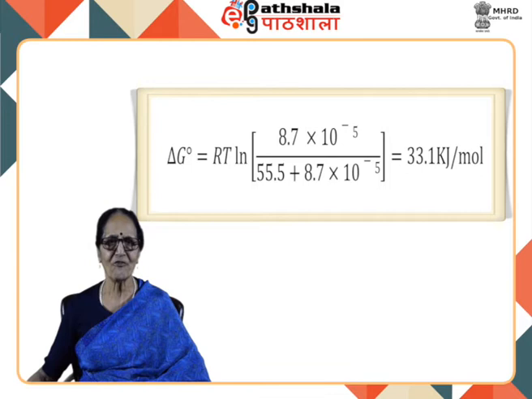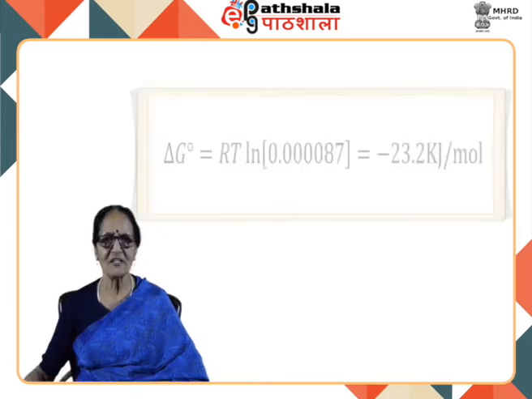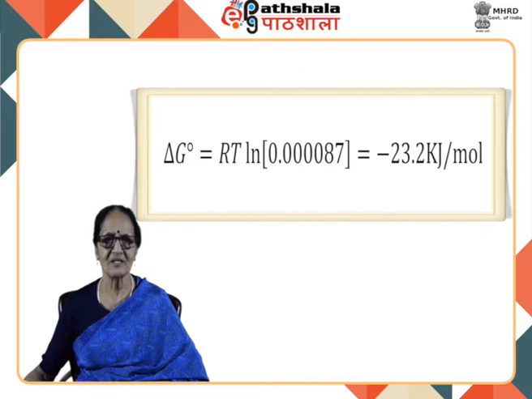Hence, when the mole fraction scale is used, we get delta G0 equal to RT ln in brackets 8.7 times 10 to the power minus 5 divided by 55.5 plus 8.7 times 10 to the power minus 5, and the answer is minus 33.1 kilojoules per mole. This is our equation number 8. However, when the molarity scale is used, we get the answer as minus 23.2 kilojoules per mole. See equation 9.